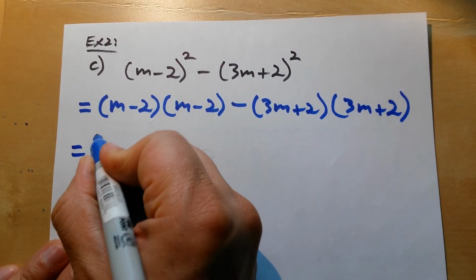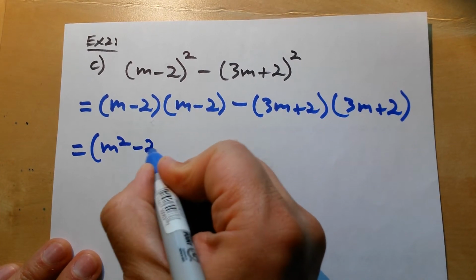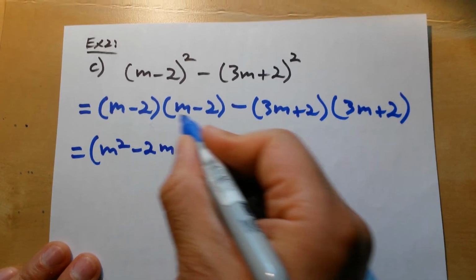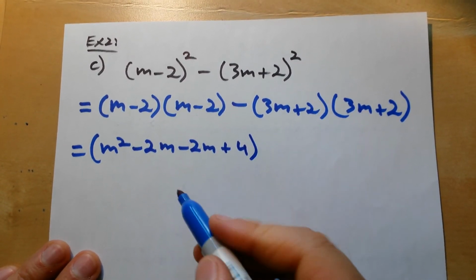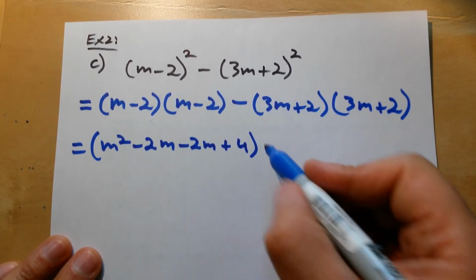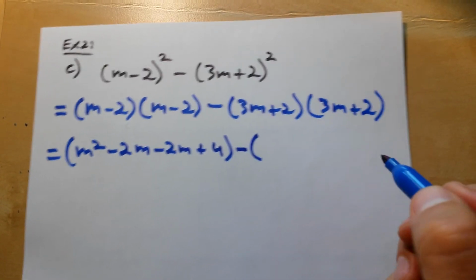So m times m, m squared, m times negative 2, negative 2m. Negative 2 times m, negative 2m, and negative times negative, positive, 2 times 2, 4, right? Now minus, running out of space a little bit.